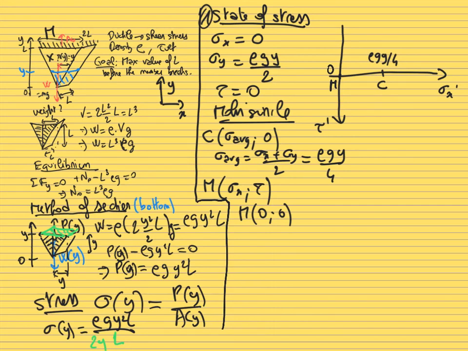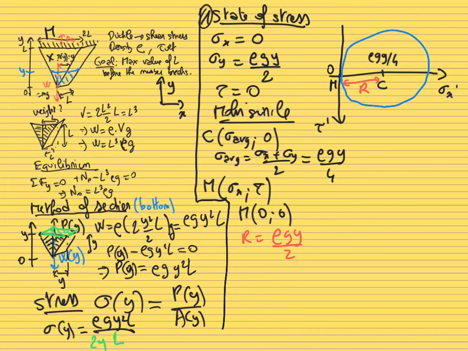The radius of this circle is the distance between C and M. So in this case, the radius is going to be equal to rho g times y divided by 2, the distance between the point C and the point M. Now we have the center of this circle and its radius, so we have everything we need to draw this Mohr circle that gives us all the possible values of the normal stress and the shear stress according to the direction.